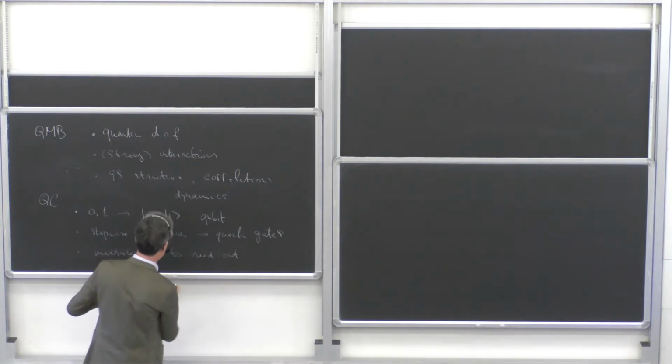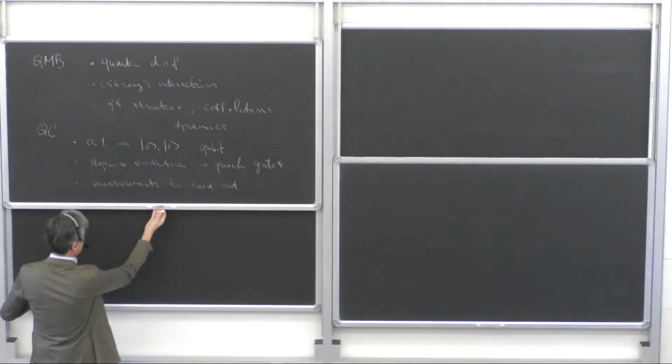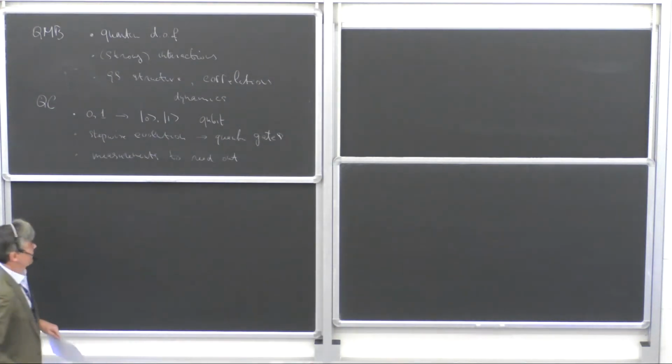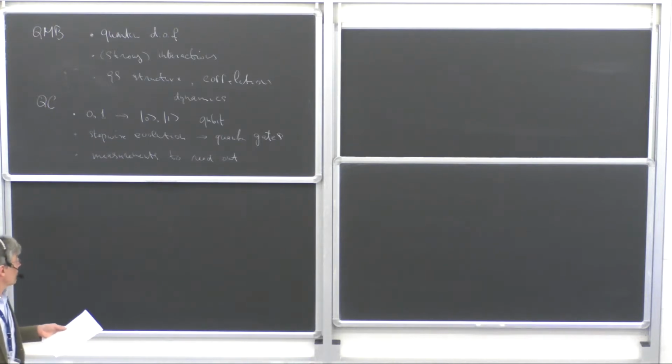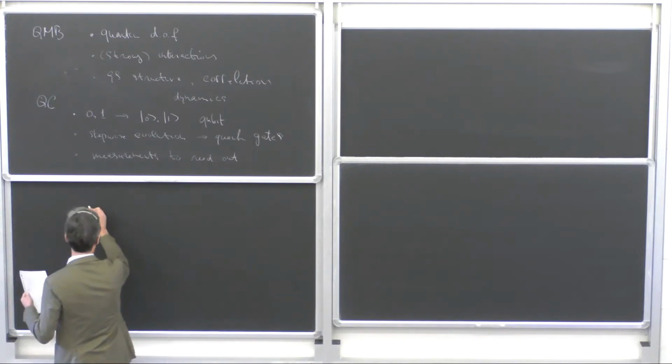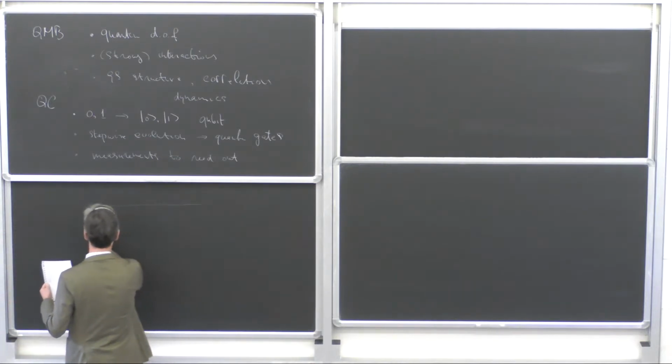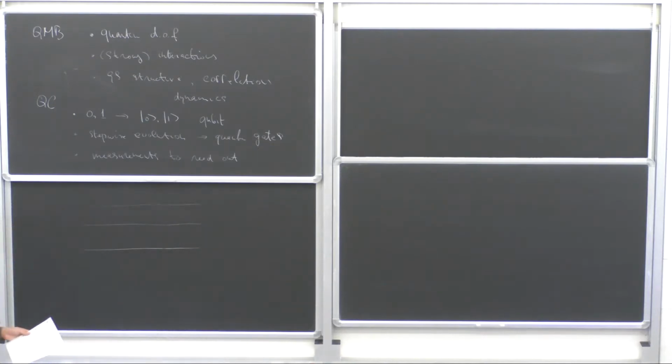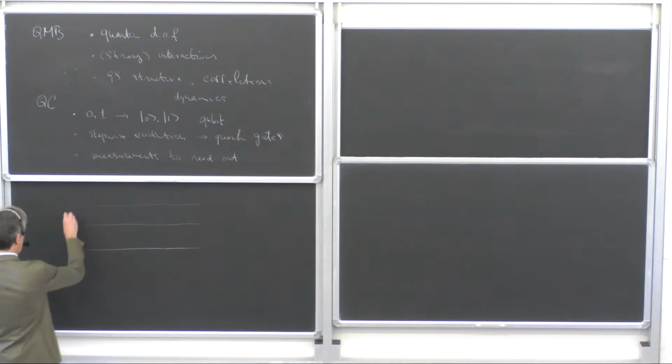So maybe let me make the standard picture, a standard representation of this kind of qubit quantum computing setup, which is drawing lines representing qubits. Suppose my computer has 3 qubits sitting there. I draw them from left to right. So there's some initial state.